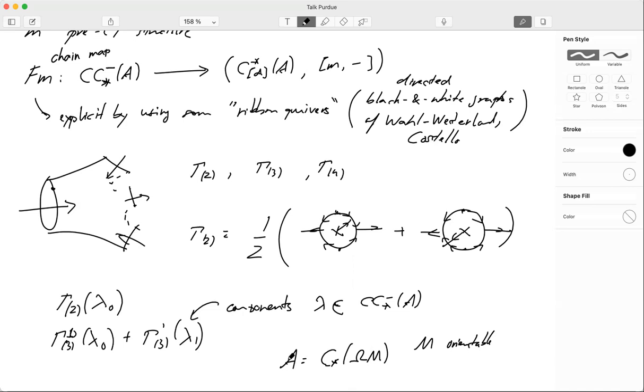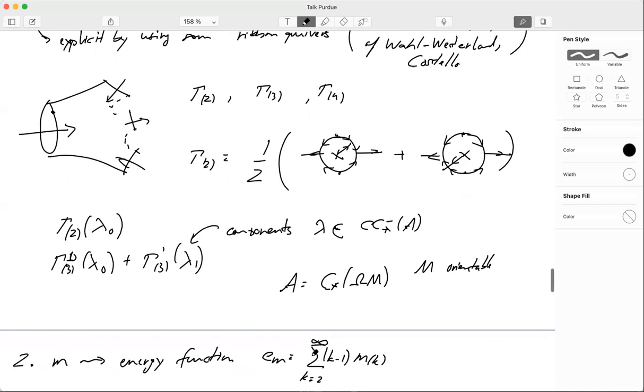So you would get a bunch of operations on the free loop space. I guess this statement you did not write down. This is a different statement. If you have a pre-Calabi-Yau structure, then you get this proposition. Exactly.